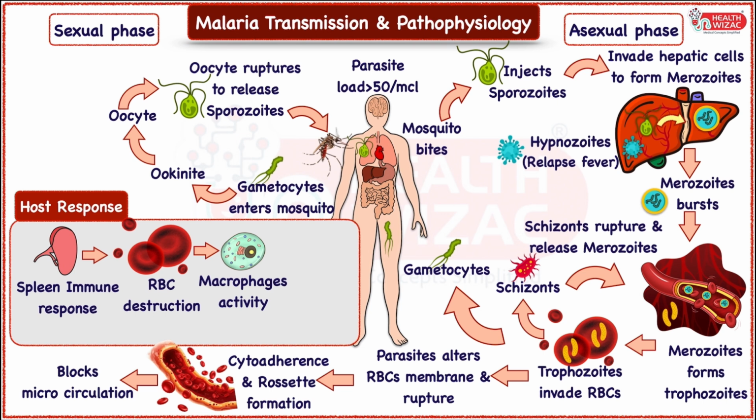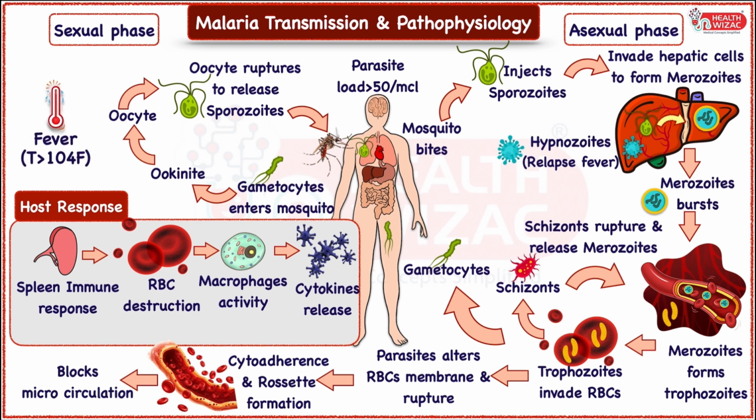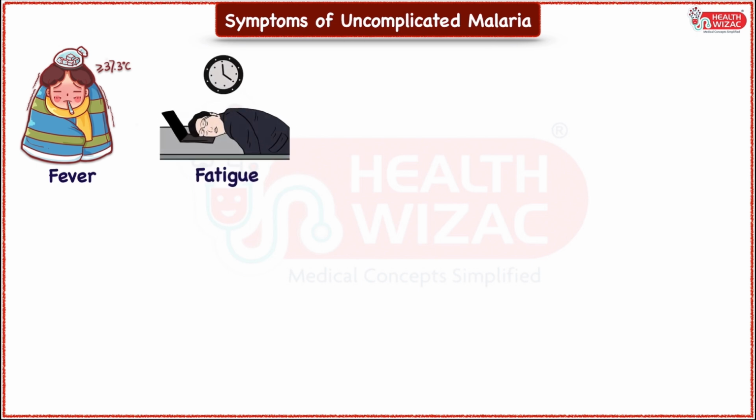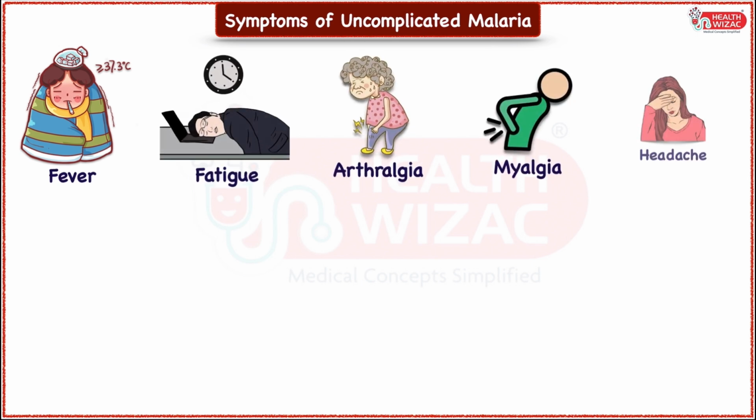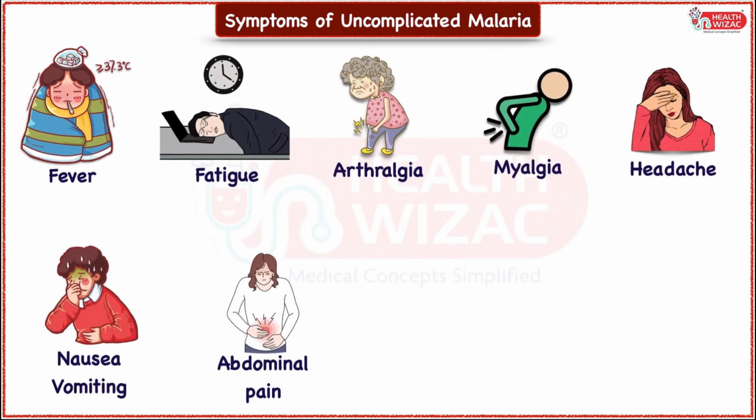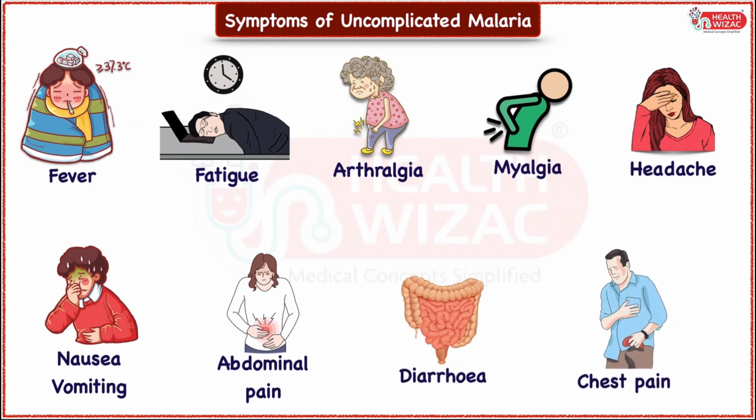During this process, cytokines are released, and thus fever is manifested with a temperature of more than 104 degrees Fahrenheit, which helps in damaging the parasite even more. The symptoms start manifesting, where uncomplicated malaria may present with fever, fatigue, arthralgia, myalgia, headache, nausea, vomiting, low-grade abdominal pain with associated diarrhea, or even chest pain.